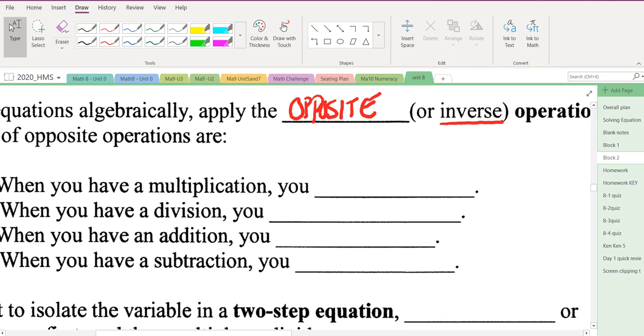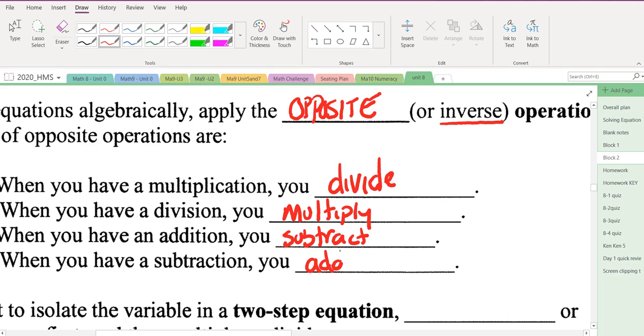The opposite or the inverse of multiplication is to divide, and the opposite of division therefore is multiplication. The opposite of adding is subtracting, and the opposite of subtraction is addition, it's to add.